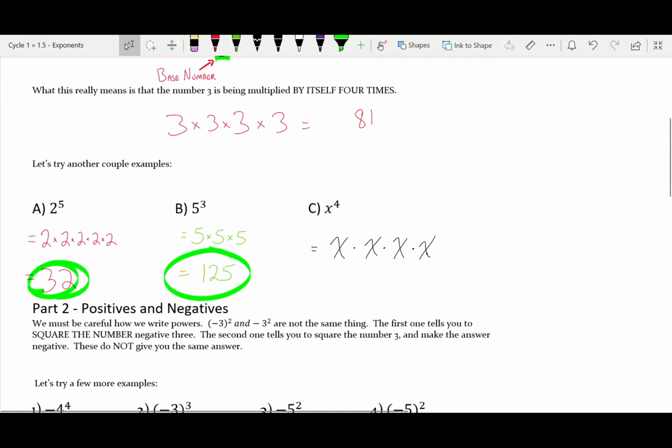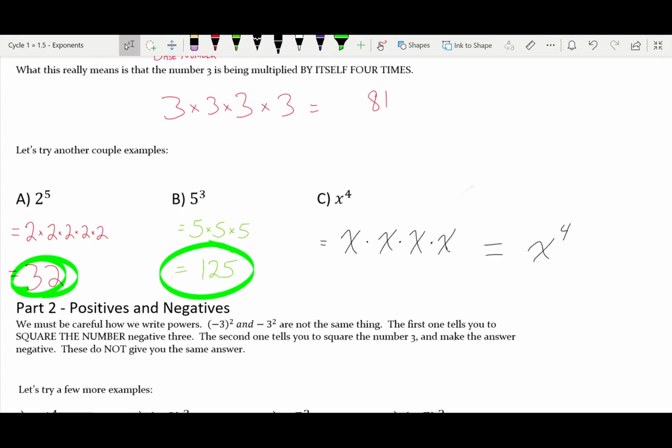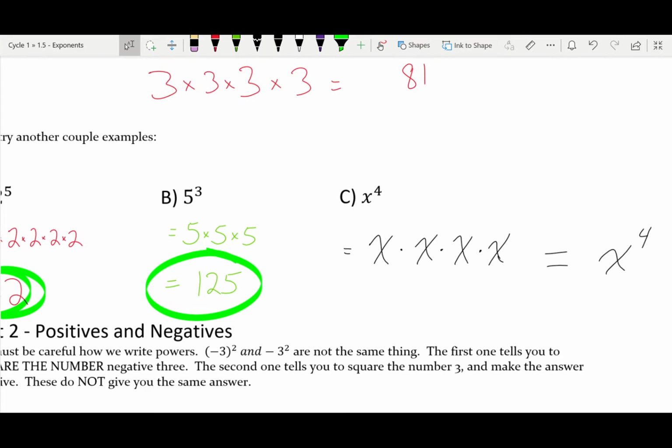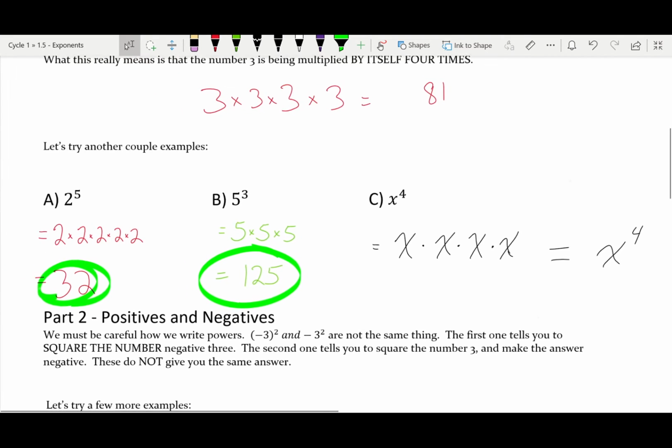So it's just x times x times x times x, but in the end we always just simplify it to x to the power 4. It's the same thing. And for 125, we could rewrite this and say it's just 5 to the power 3, if we memorize those different things.